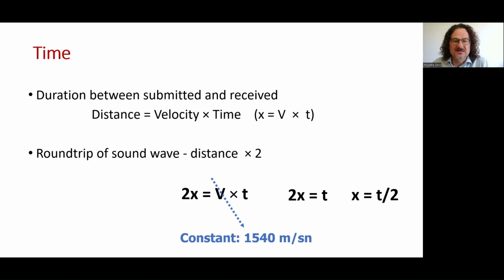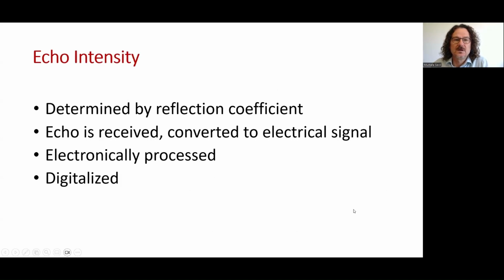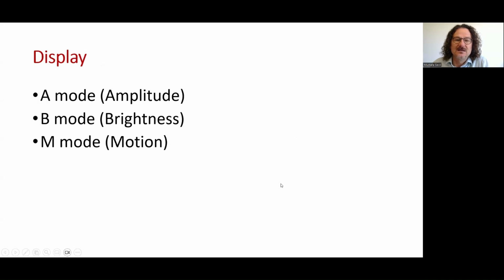The ultrasound device can determine the distance by only calculating the submitted and received sound wave time. The other parameter is the echo intensity, which is determined by the reflection coefficient. Then the echo is received, converted to an electrical signal, electronically processed and digitalized, and displayed in A, B, or M mode.